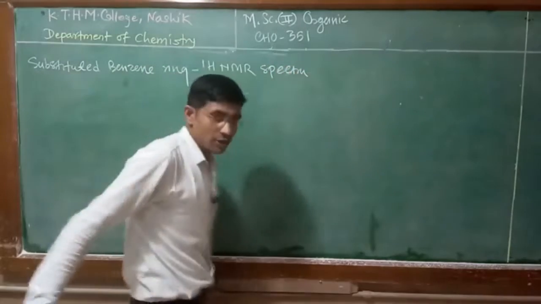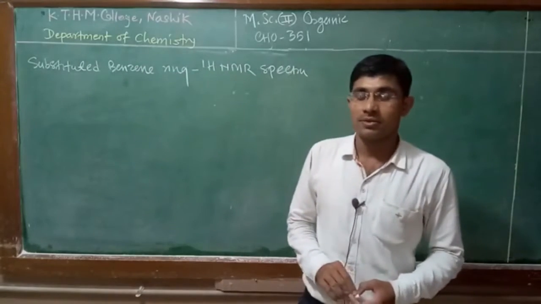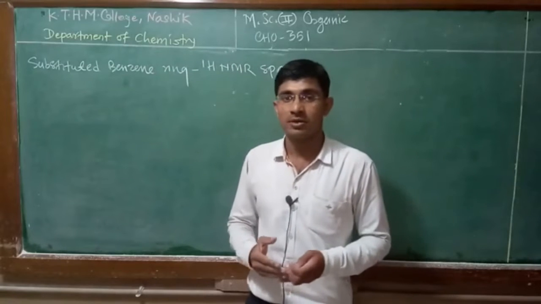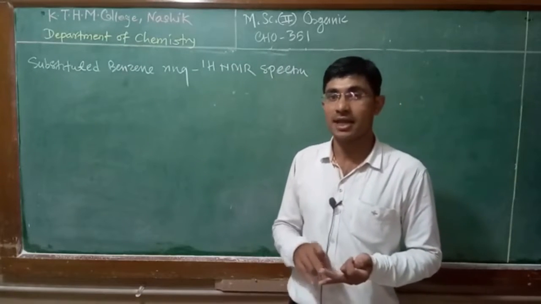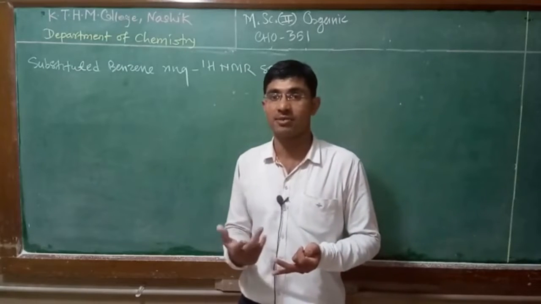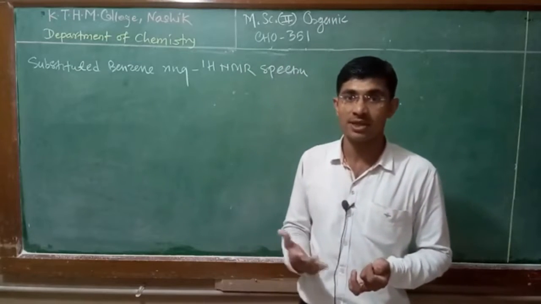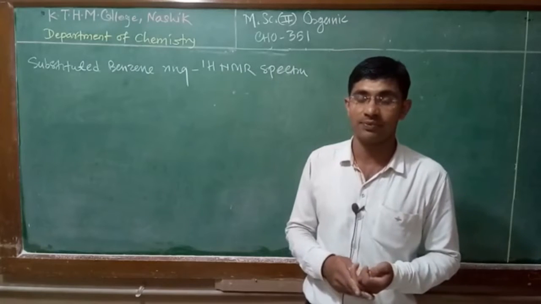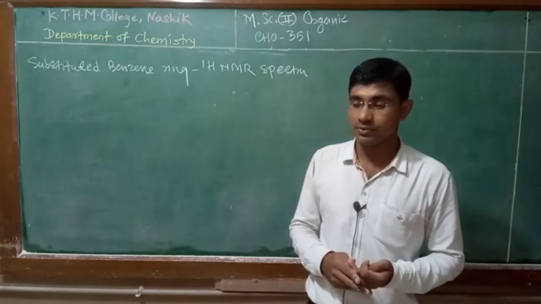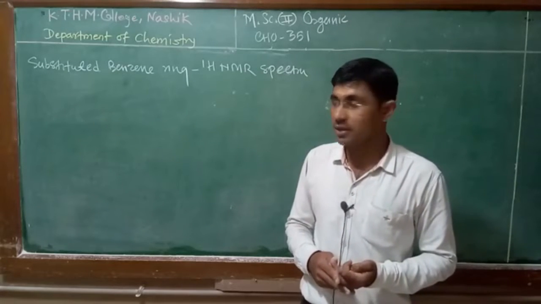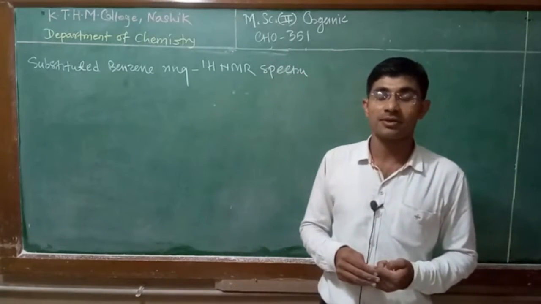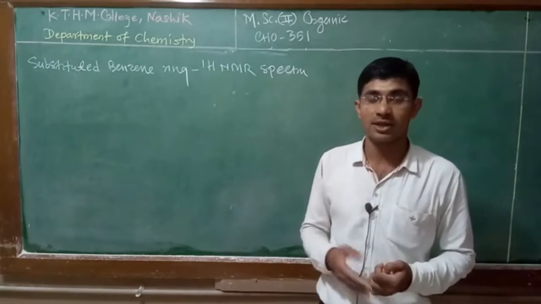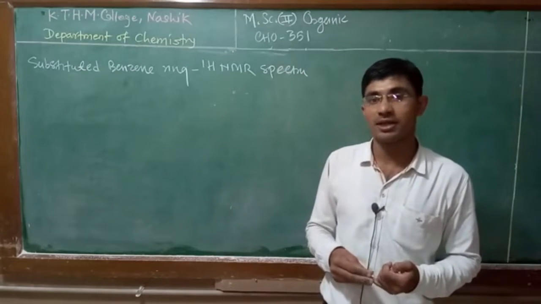We are going to learn monosubstituted benzene ring 1H NMR spectra, then disubstituted benzene ring, then trisubstituted benzene ring 1H NMR spectra. In substituted benzene rings we get a number of signals, meaning we get multiplets.